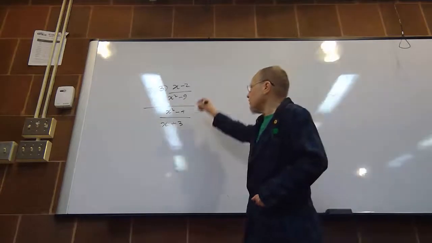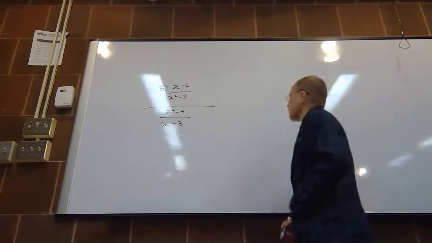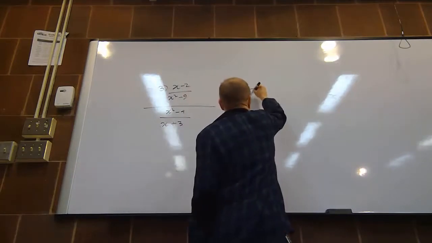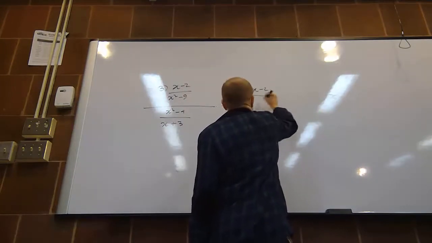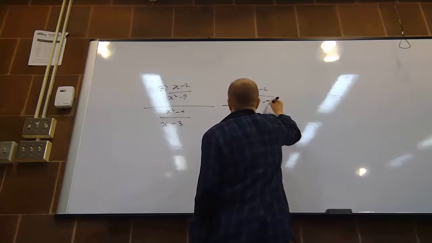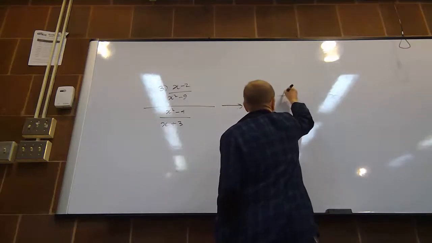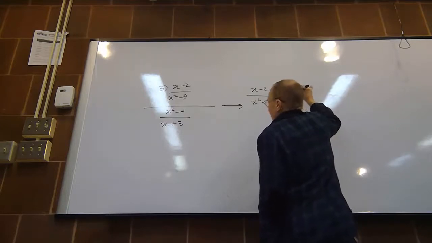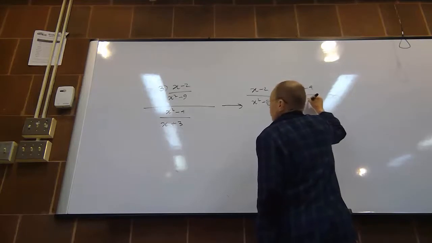So we're going to turn this problem ultimately into a multiplication problem. So we're going to do x minus 2 divided by x squared minus 9, and then division x squared minus 4 divided by x plus 3.